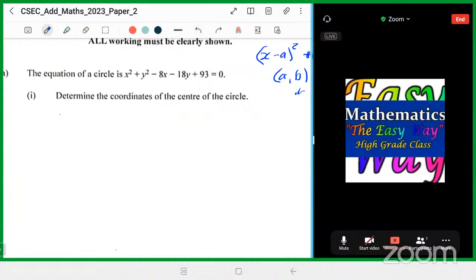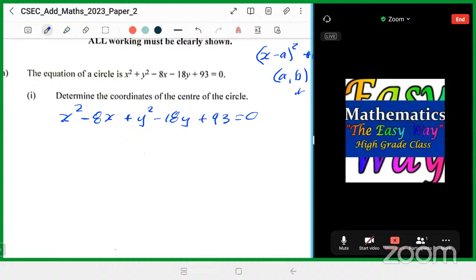So I'm going to write x squared minus 8x, and then put the y values together, which is y squared minus 18y. And this 93, I'm going to put it back, or I could transpose it, but let's leave it here for now. Equals 0.